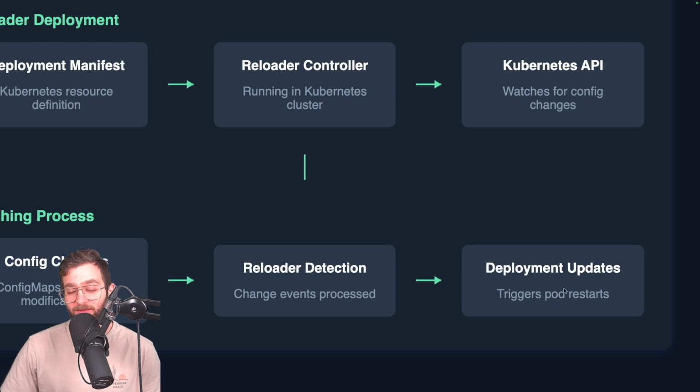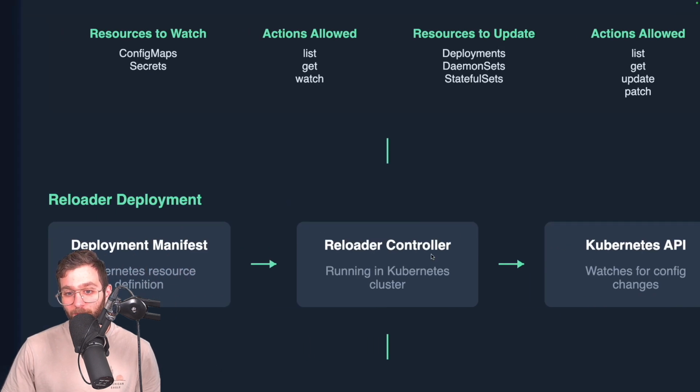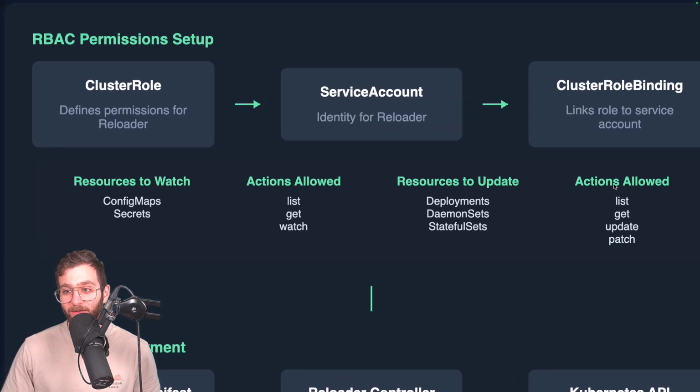That's the gist of it. Let's go ahead and deploy our Reloader controller and give it all of these permissions. I'm going to explain every single step as we go along.